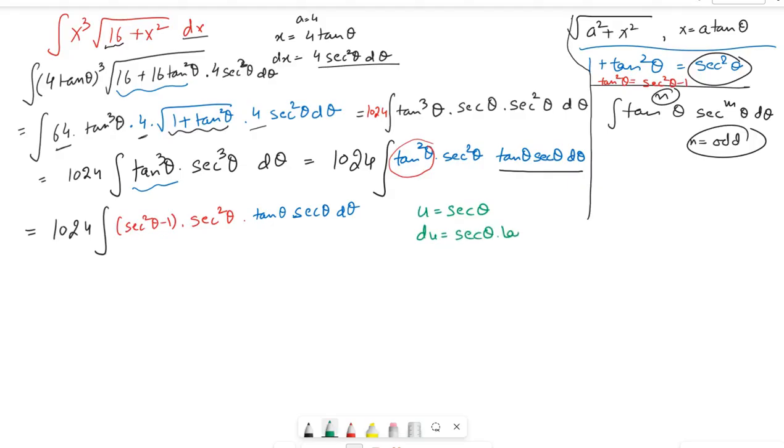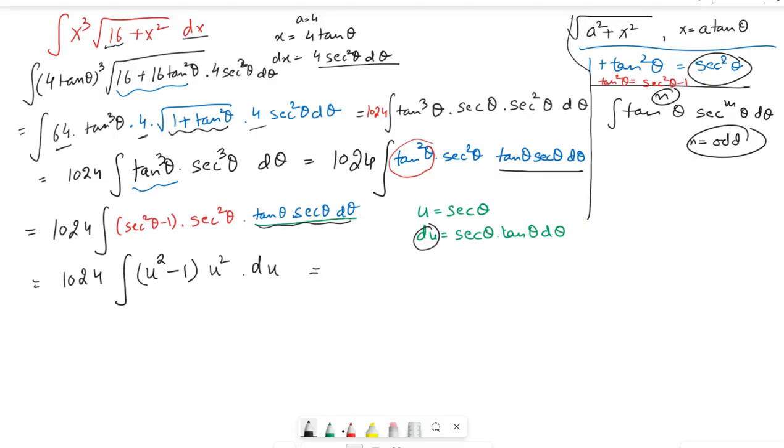Secant theta times tangent theta d theta. If you notice, that's already sitting here in the question. That's why we use that. 1024 out. Secant square we substituted as u square minus 1. This is u square. And this whole thing can be replaced as du.